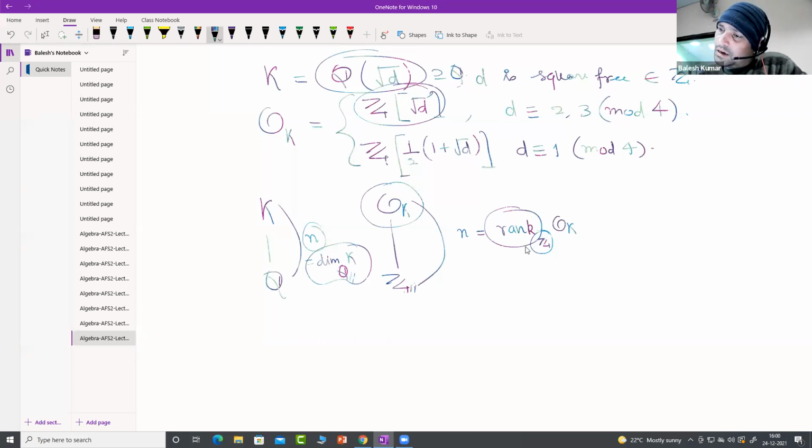So these things you will be studying maybe next week, but it turns out that O_K is a free module of rank n, and the definition of a free module of finite rank is very similar to the notion of linear independence that you know in the case of vector spaces.